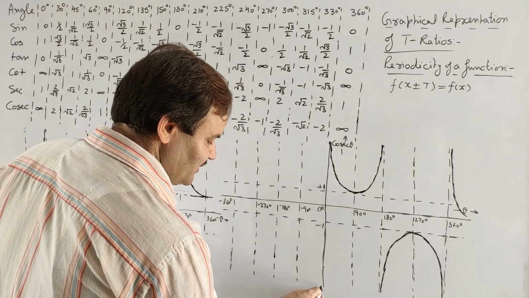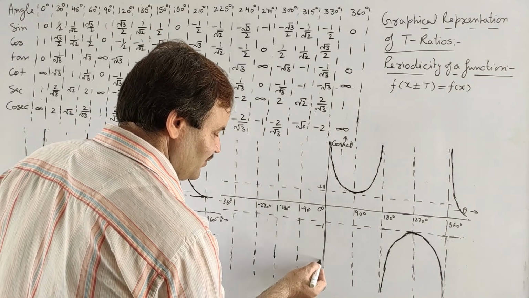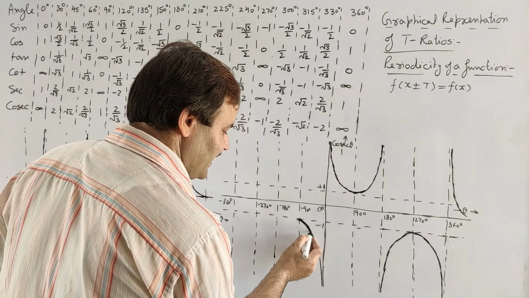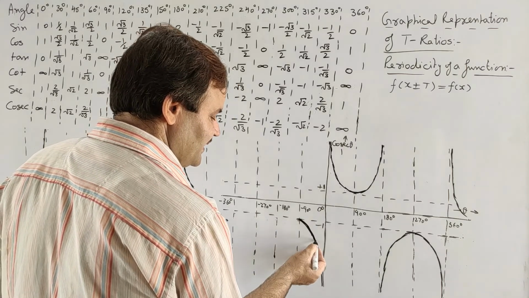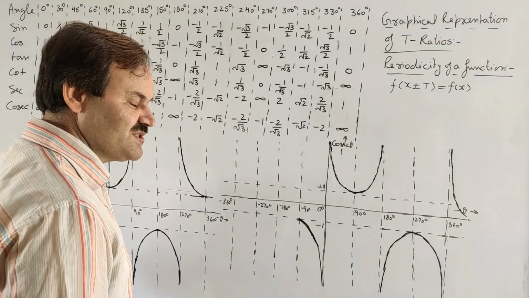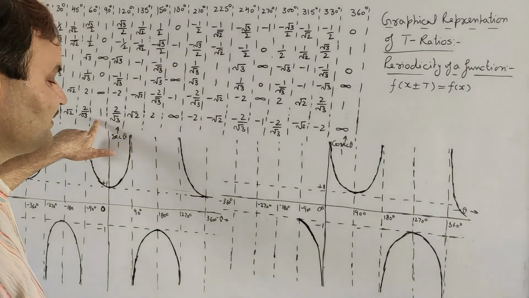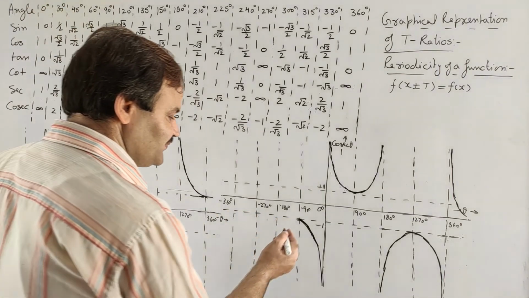So here the variation of cosec theta will be this way, because at minus 90 degree it will be minus cosec 90, and cosec 90 is 1, so it will be minus 1.